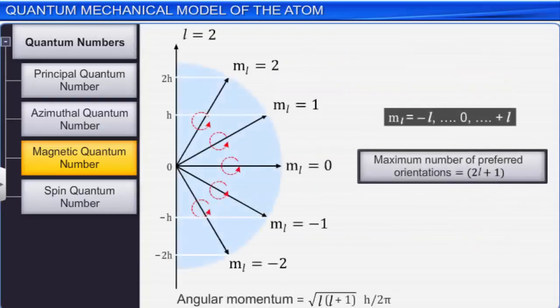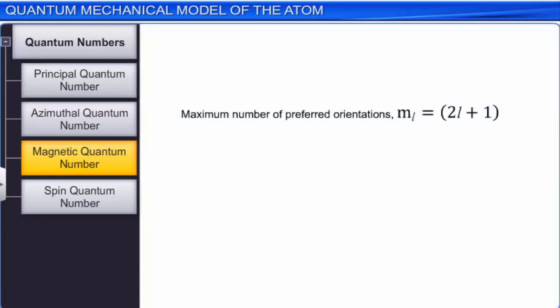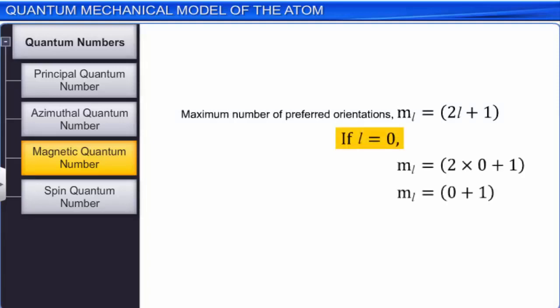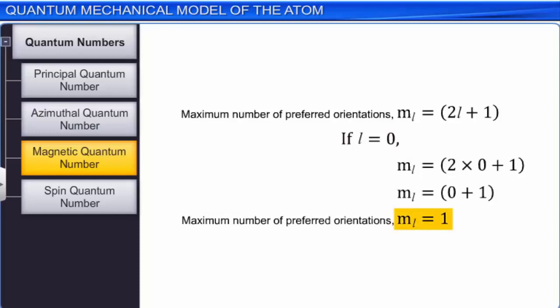For a subshell, there can be a maximum of 2l+1 preferred orientations or orbitals with values ranging from -l to +l, including 0. Hence, for l equal to 0, the number of preferred orientations is equal to 1.